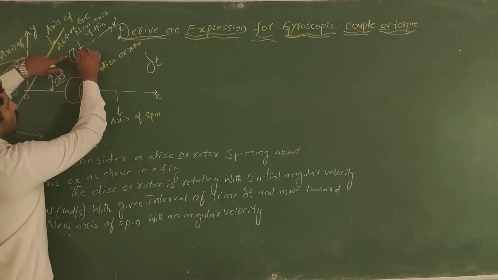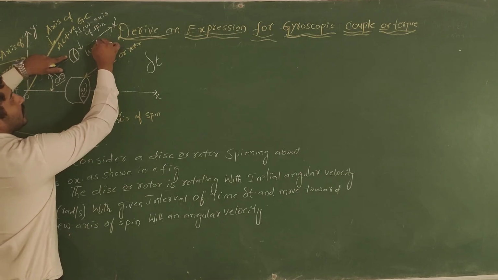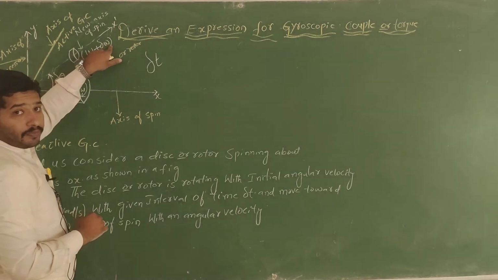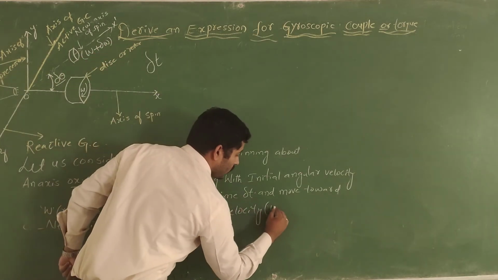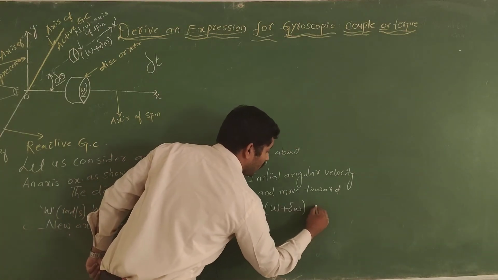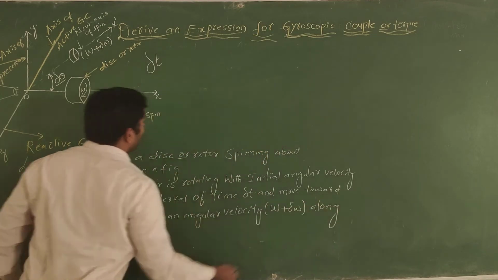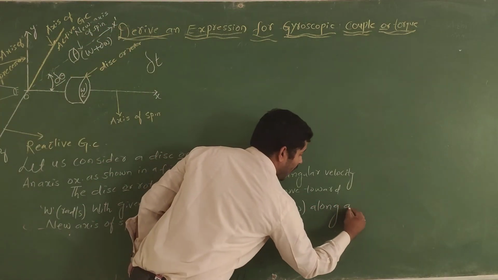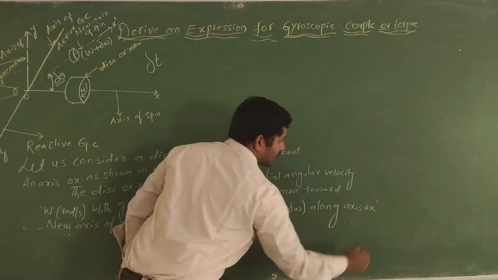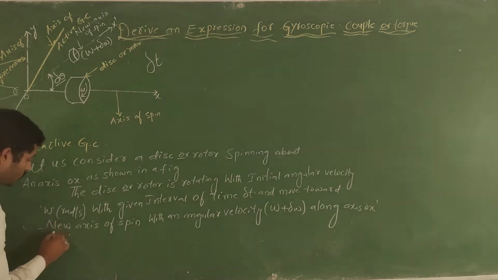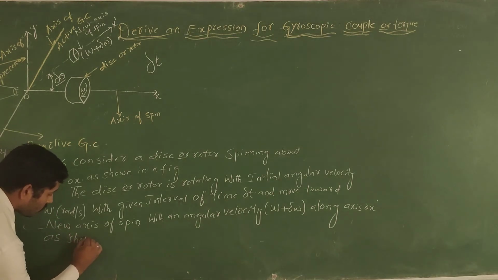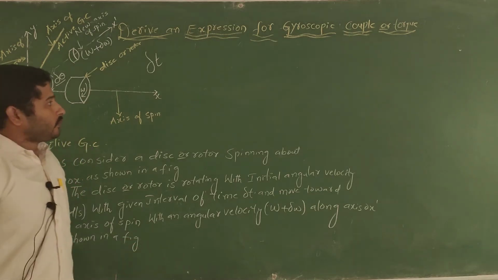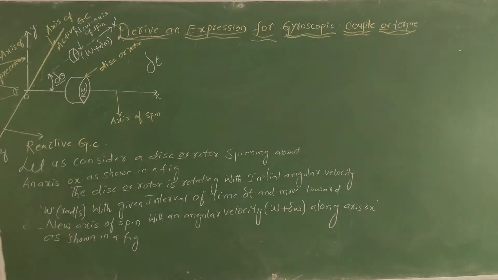Here the angular velocity is omega plus a small change of omega, omega plus delta omega. Along which axis here? Along the axis OX dash, as shown in the figure. Then please take a snapshot here, all of you.